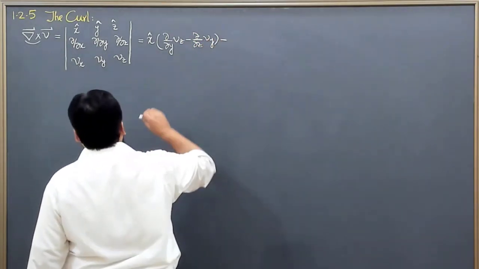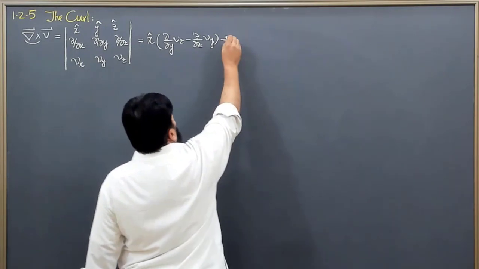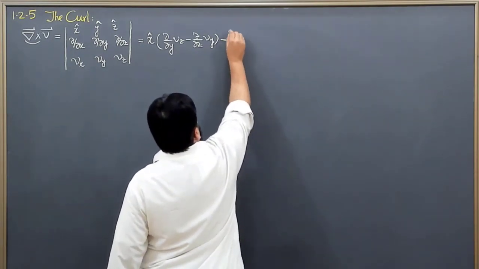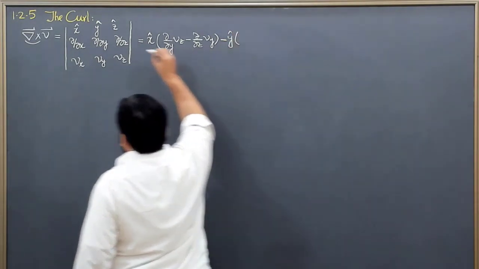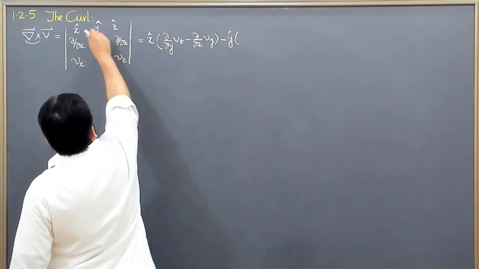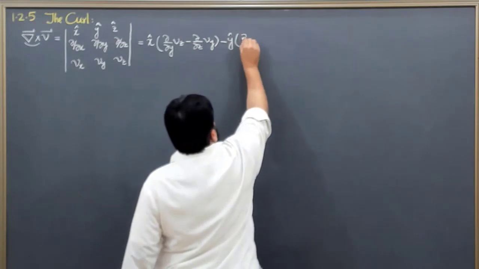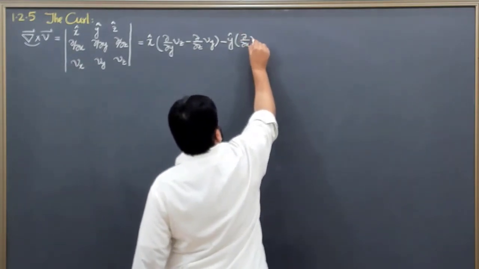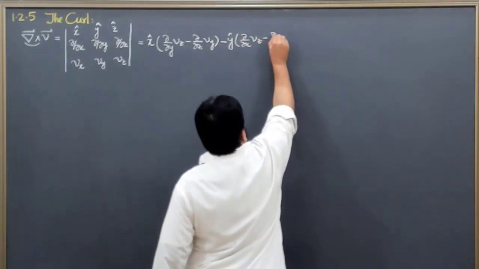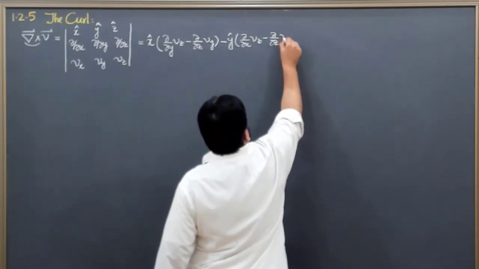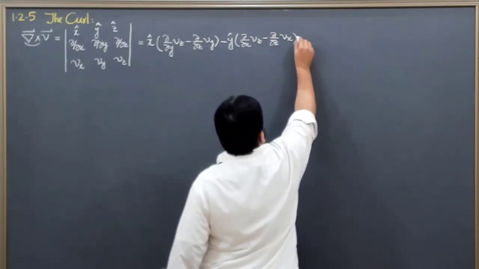Similarly, the next will be minus, and it is minus the y component, which will be ∂/∂x of vz minus ∂/∂z of vx.